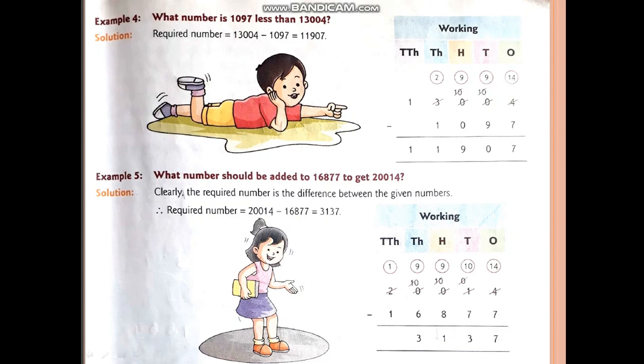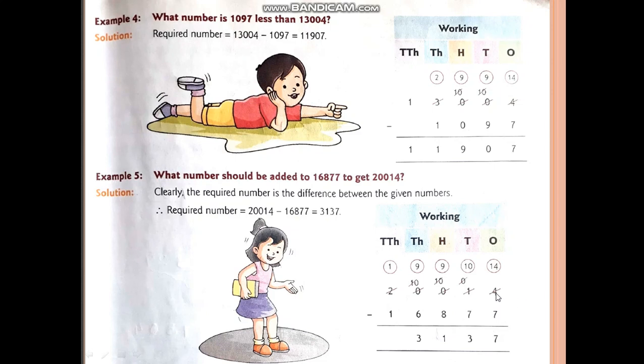Here 20,014 is the minuend and 16,877 is your subtrahend. First we write the place value chart and then the minuend and the subtrahend. And again we start the same procedure.